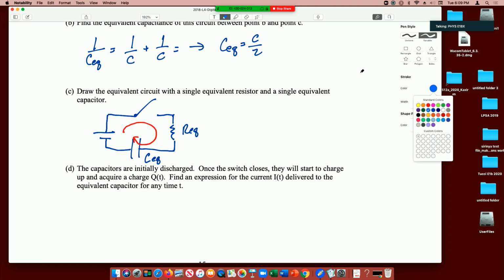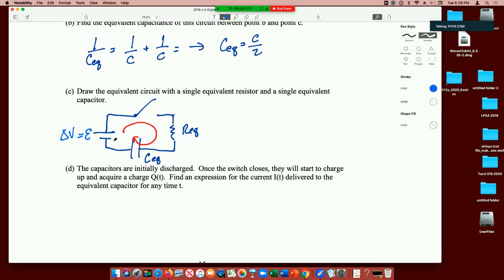Remember, if you go with the battery and then against the resistor and against the capacitor, and you add up all the voltages, what would it be? Let's say the EMF of the battery, the delta V of the battery, we're just going to call that E, for EMF.